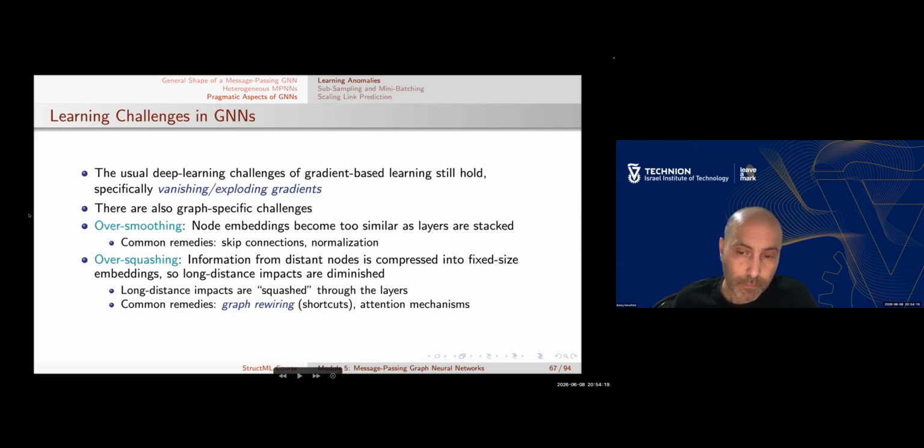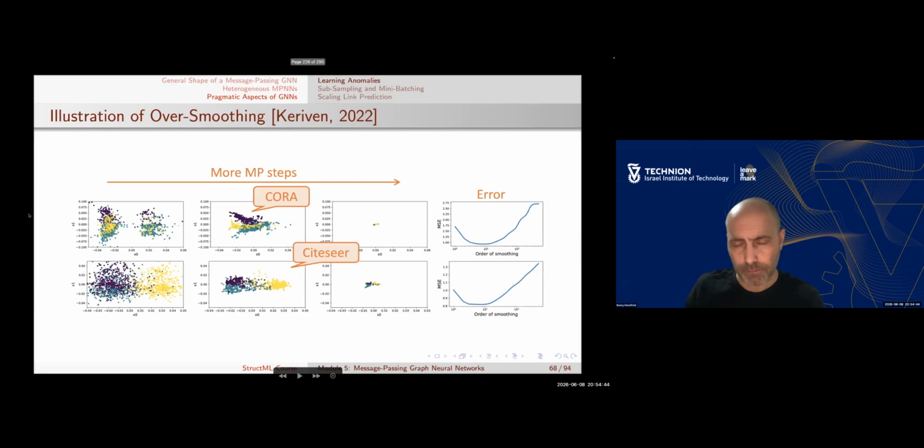And another thing is using attention mechanisms that essentially allow the node to focus on what is important. If that information tends to be distant, then so be it. So I'm really describing it generally, not getting to the details of these anomalies. I just want you to be aware of these.